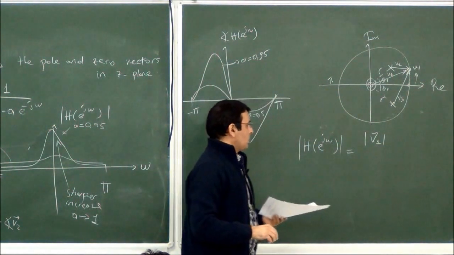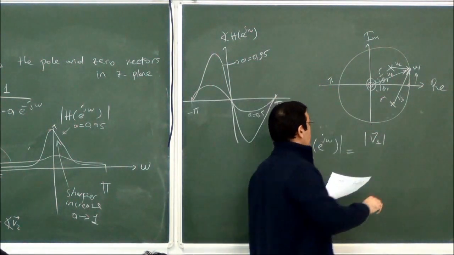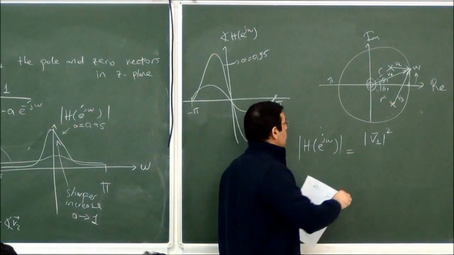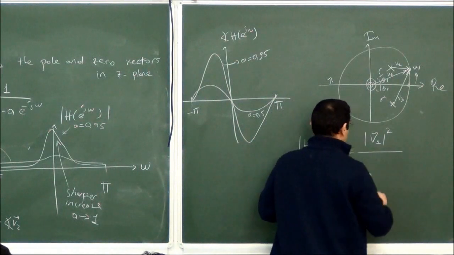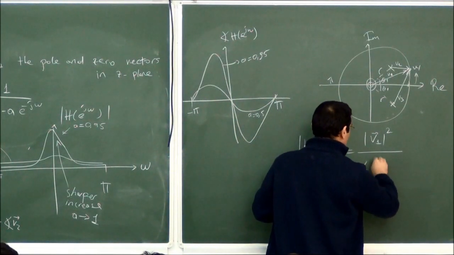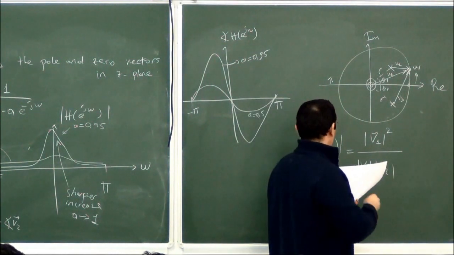So this is the length of your zero vector, squared, because there are two zeros at the origin. And what about the poles? Poles are V2, V3. So multiply these two vectors in order to find the magnitude response.